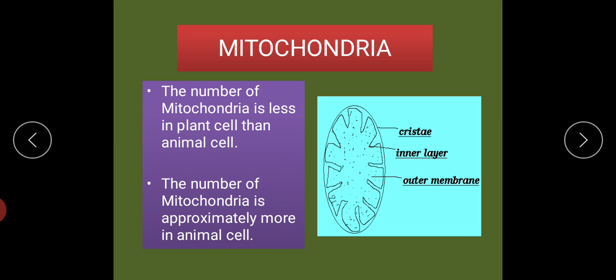This is because animal cells have to use more energy for movement and other purposes, whereas plants do not have this kind of movement, so they don't have so many mitochondria.